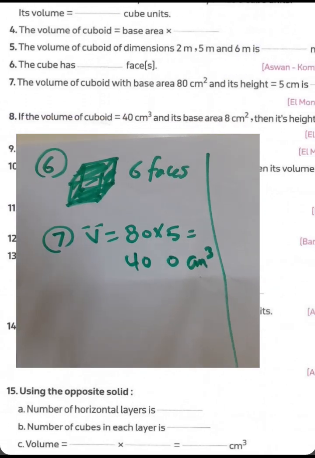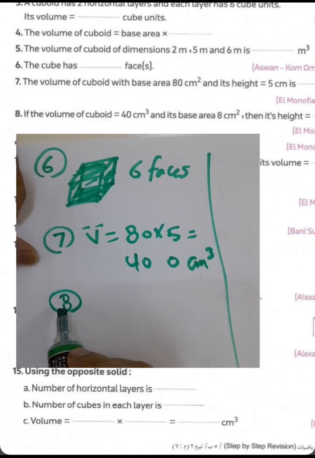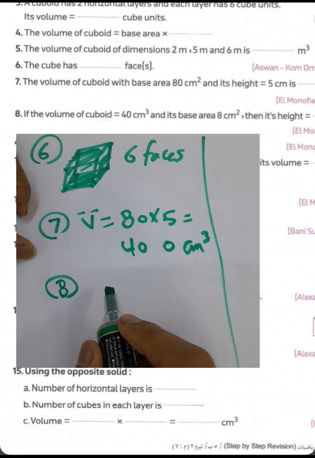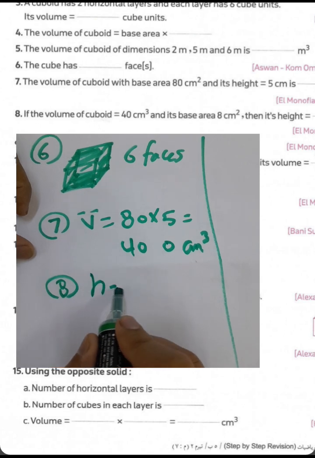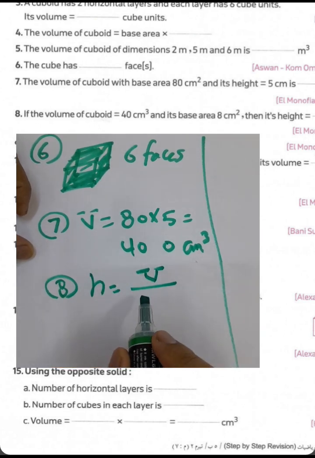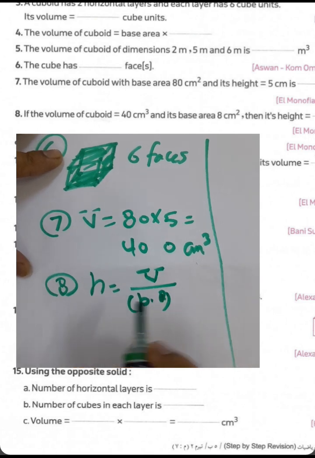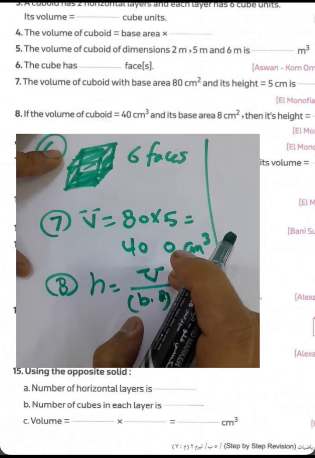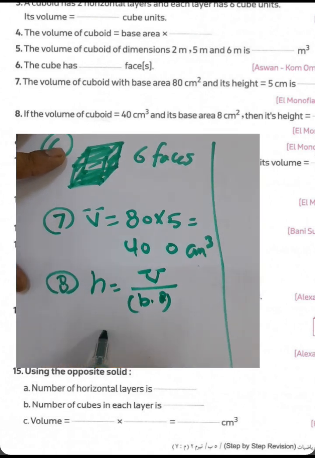Question 8. If the volume of a cuboid equals 40 cubic centimeters and its base area equals 8 centimeters squared, then its height equals volume over base area. You can find the height by writing the volume in the numerator and the base area in the denominator.